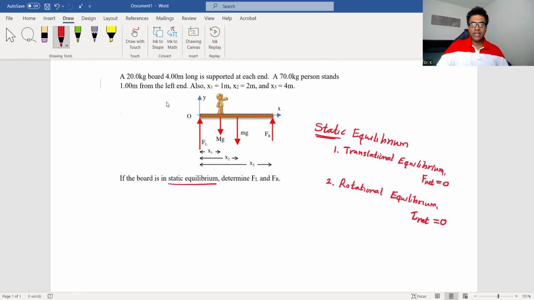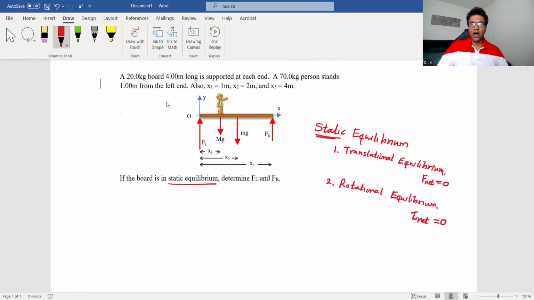So the extended object is shown, and the forces acting on it are also shown. There's a force in the upward direction at the left end of the board, and a force on the right end acting on the board.